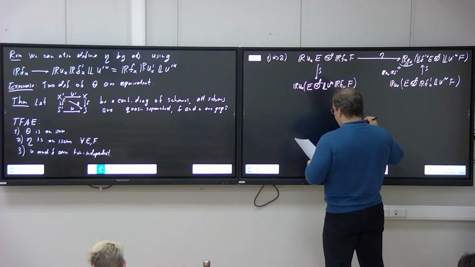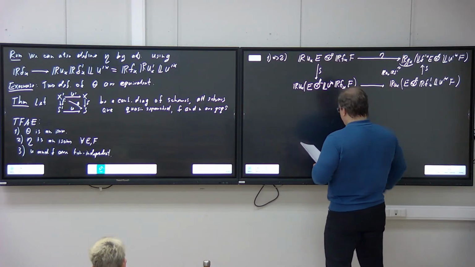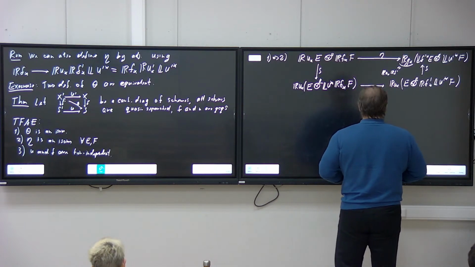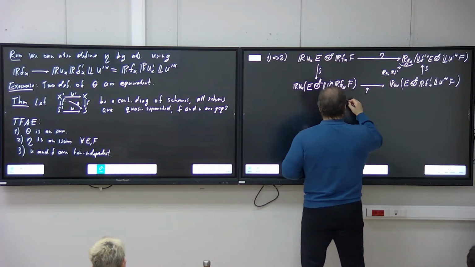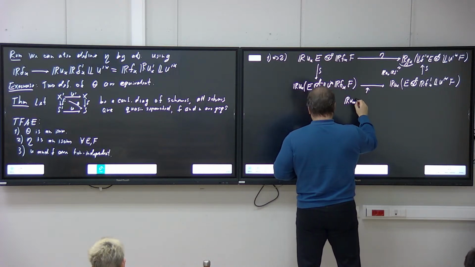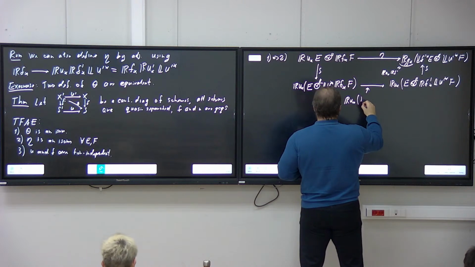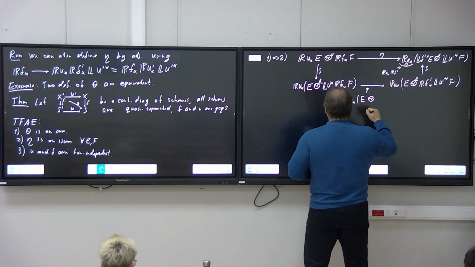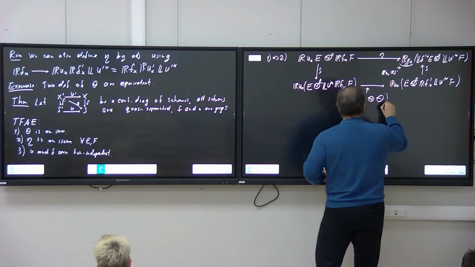Now what is this map that we have here? This is the functor RU prime, which I applied to the tensor product with E to the map theta.